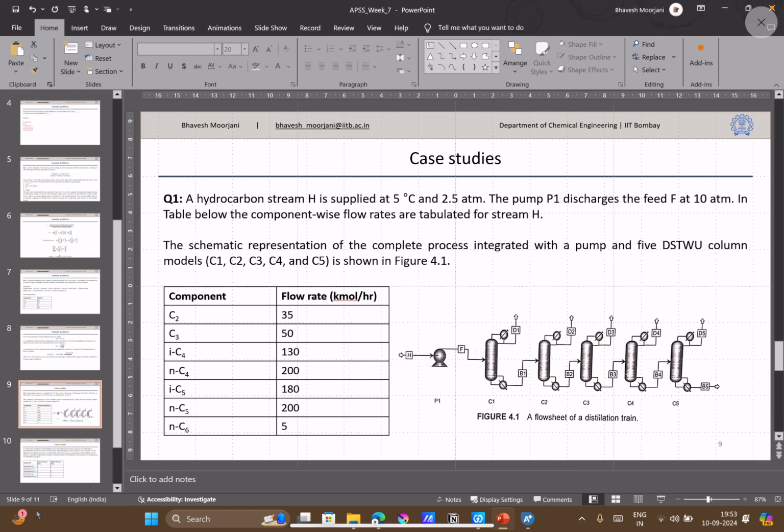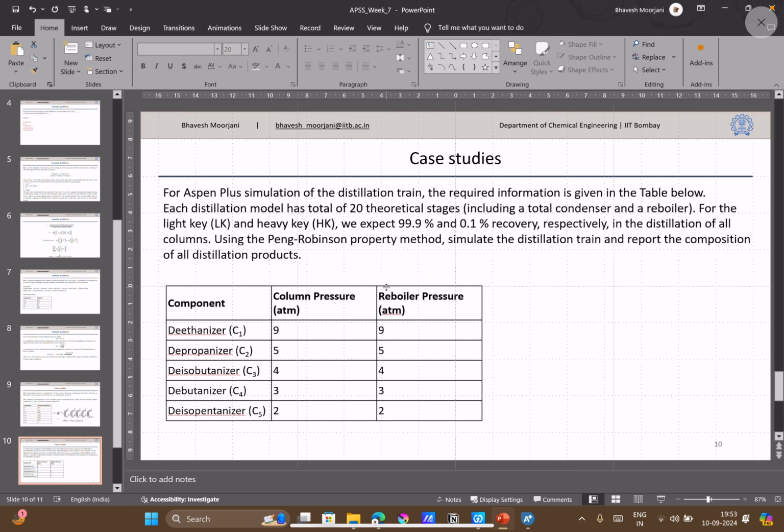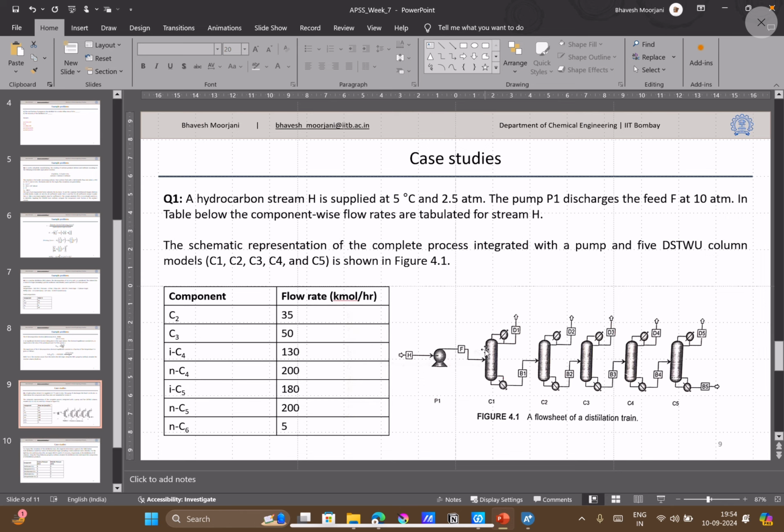The specification is given: for each component, the light key that we get in the top should be 99% of the feed composition, with 0.1% recovery of the heavy key. For the first column, the light key is ethane.